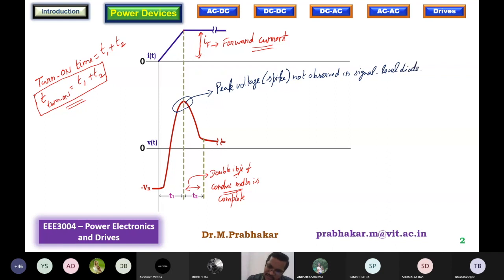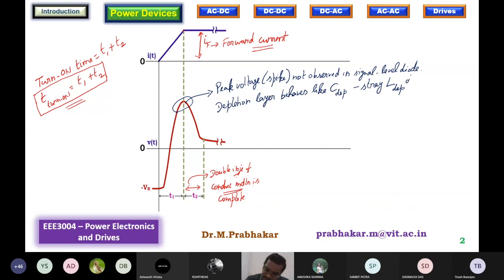The reason is, see, the depletion layer behaves like a capacitance. This is understandable. Depletion layer behaves like capacitance. I will call it CDEP. Okay, and there will be stray resistance, stray inductance of the depletion layer.